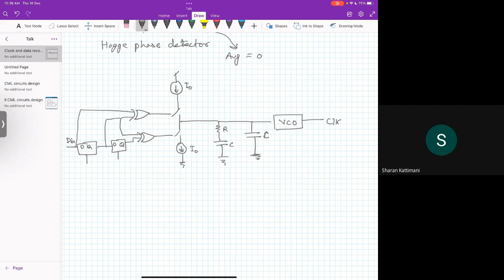Okay, and now this recovered clock is applied here. Okay, and the data we will take from here, the good data.